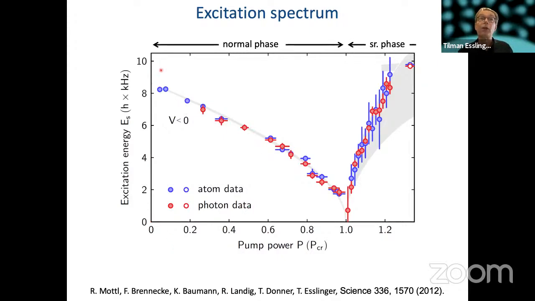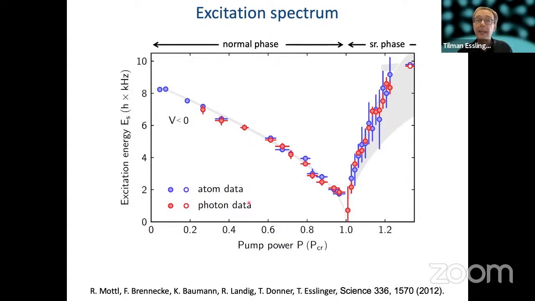So you take different pump powers. So this is the axis, the lambda, and here is obviously lambda critical. And now you take these excitation spectra for different excitation frequencies, and they are between 8 kilohertz and 500 hertz. And you do scans down there.